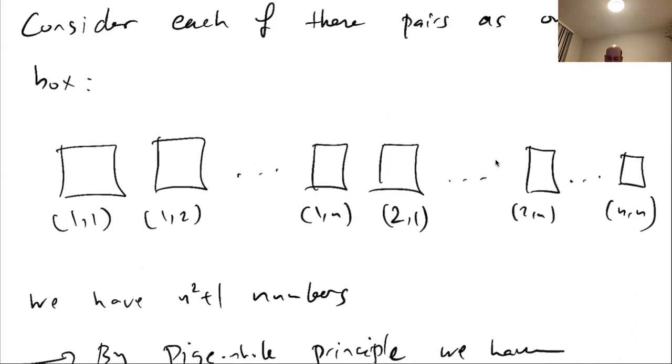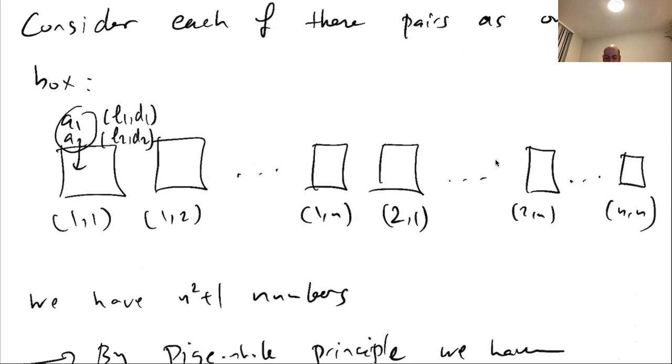For example, let's say the first box has two elements in it. Let's say a_1 and a_2 are inside this box. How do I know that a number is inside this box or not? First, I have to consider the pair l_1 and d_1. If a_1 is here, it means (l_1, d_1) is here, and if a_2 is here, it means (l_2, d_2) is here.